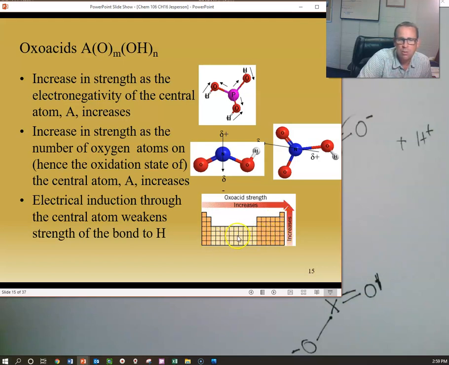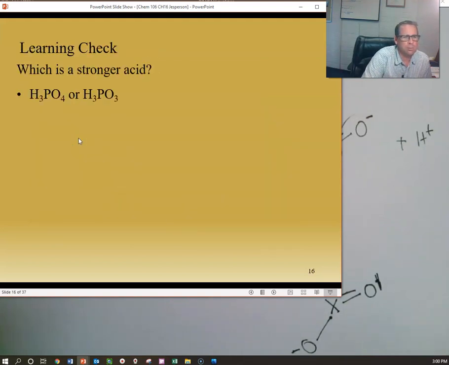So our trend follows electronegativity. And then our second influencer of the strength of acid is the number of oxygens, because if we have more oxygens, we have more resonance structures, and the electron density can move around into different places.